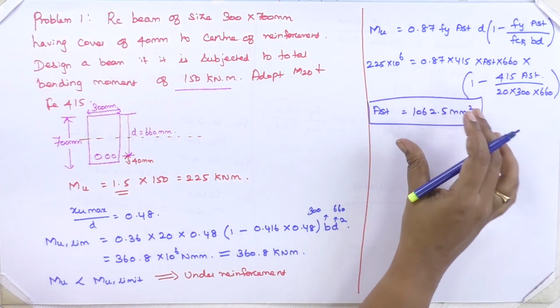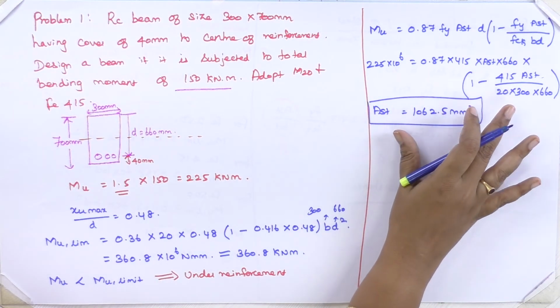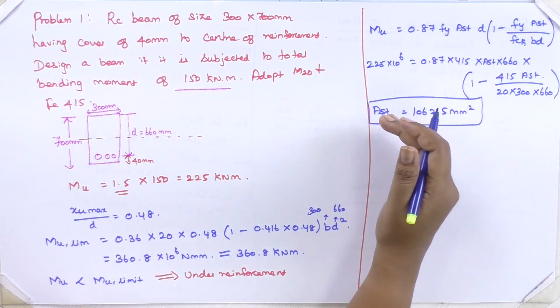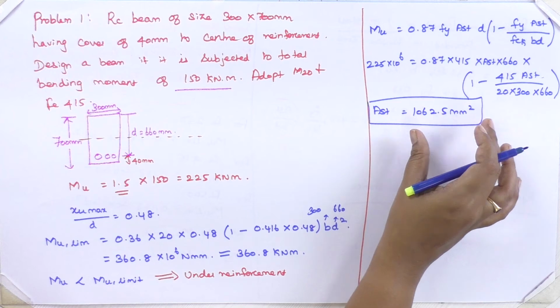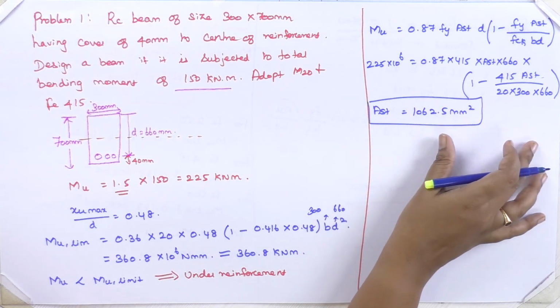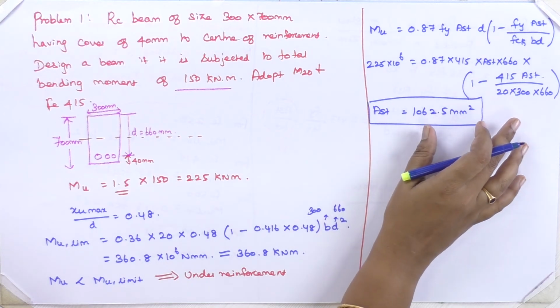This is the design. If the section is not given, you need to arrive at a section and calculate your Ast. Then whatever Ast is calculated, you need to provide it in your section. Before that, you need to check whether it is an under reinforced or over reinforced section.